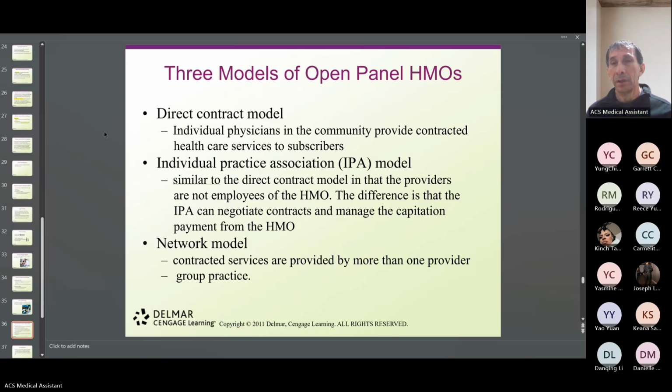Each one of these providers might contract, or me as the owner of the office, I contract and then I pay you. But most of them contract independently. So the difference is that this individual practice association can negotiate contracts and manage the capitation payment from the HMO.